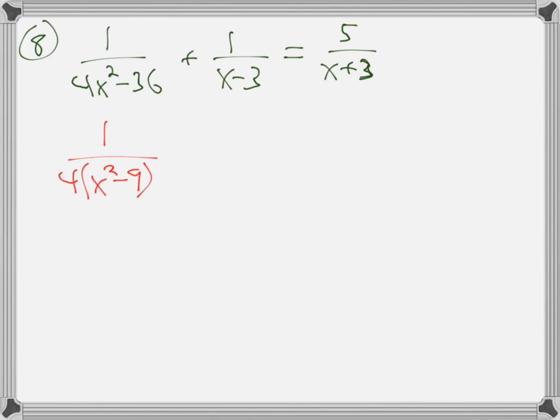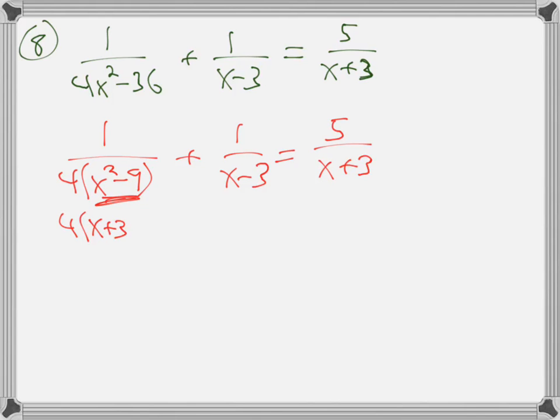Does that make sense? And then that x squared minus 9, and I'll just rewrite the other parts. What can I do with this x squared minus 9? X plus 3, x minus 3, right? So it'll end up becoming 4 times x plus 3, x minus 3. We're all good with that factoring there? Does that make sense what I did?